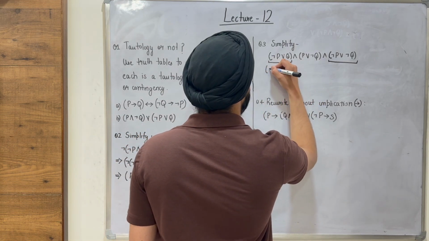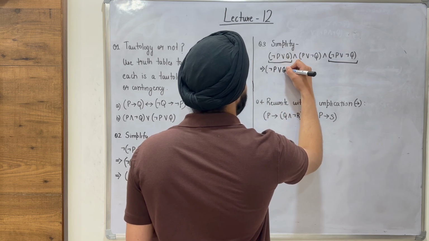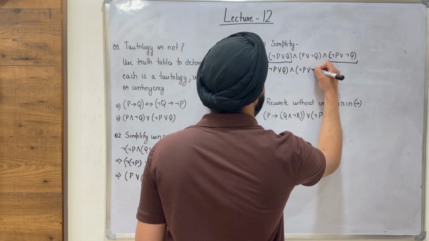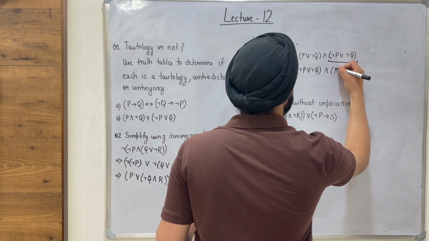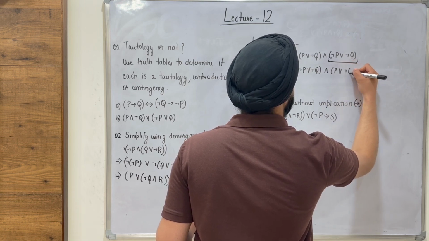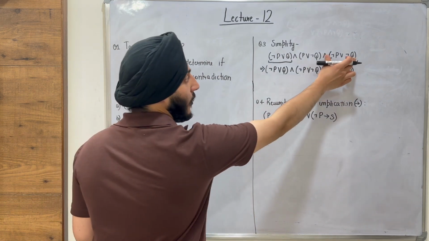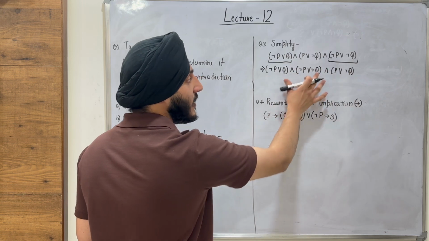So first, what I do is I write negation of P or Q, and negation of P or negation of Q, and then I apply negation of P or negation of Q, right? So what I simply did is I brought this last bracket to the left hand side and then rearranged the entire equation, right?